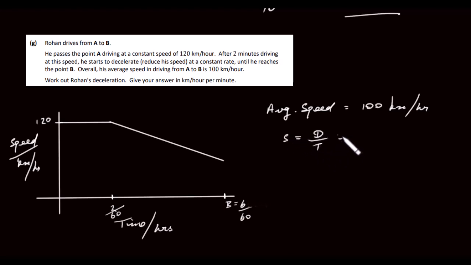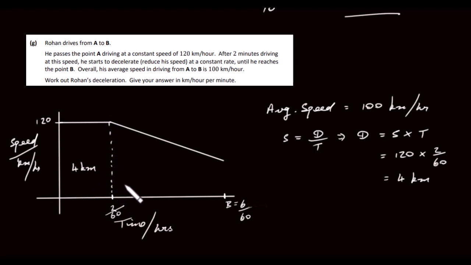We want distance, so that just means distance is equal to speed times time. So the speed is 120, the time is 2/60ths of an hour. So the distance is 4 kilometers. So the distance from here to here, in other words, that distance there is 4 kilometers.